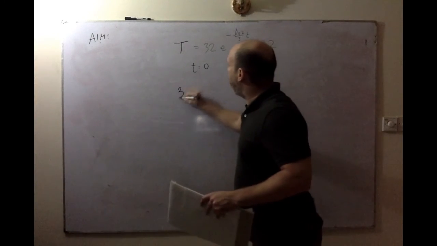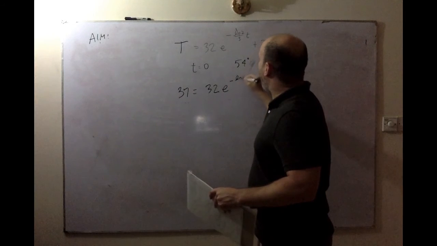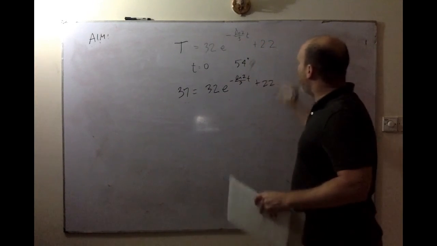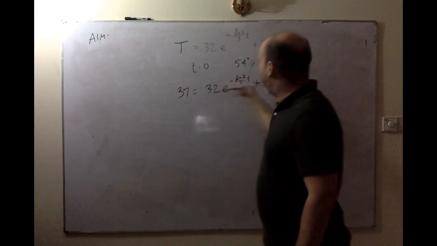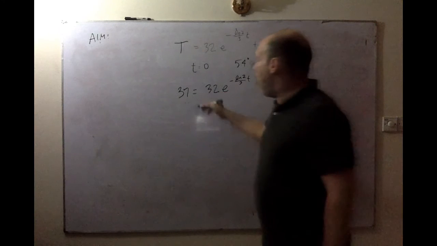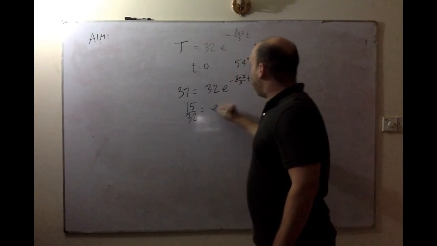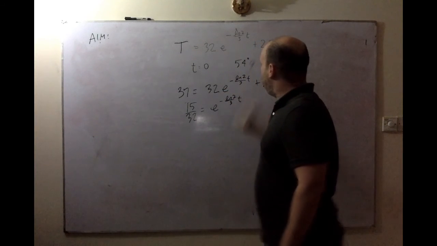So 37 equals 32 e to the negative ln of 2 over 3 t plus 22. You could do this by hand. We have 37 minus 22 is 15, so we have 15 over 32 is equal to e to the negative ln of 2 over 3 t.